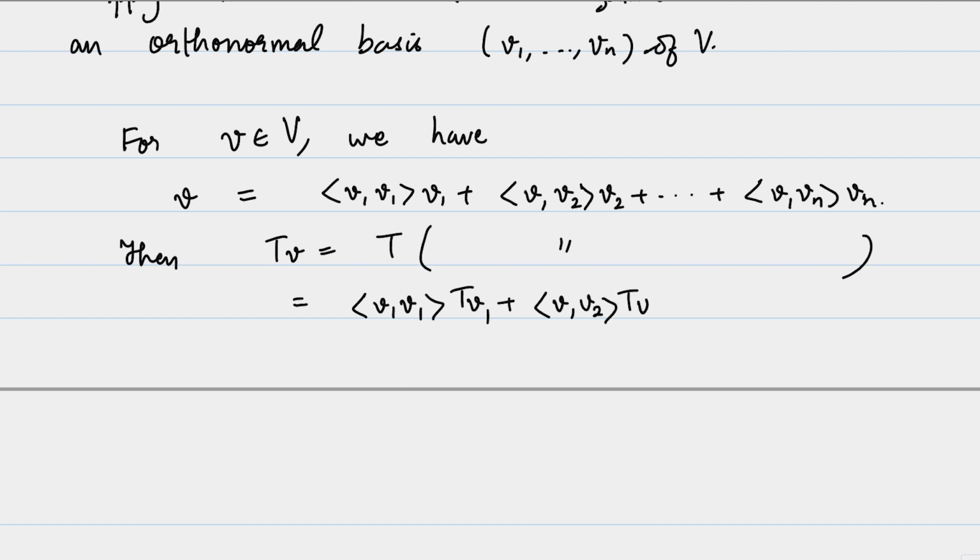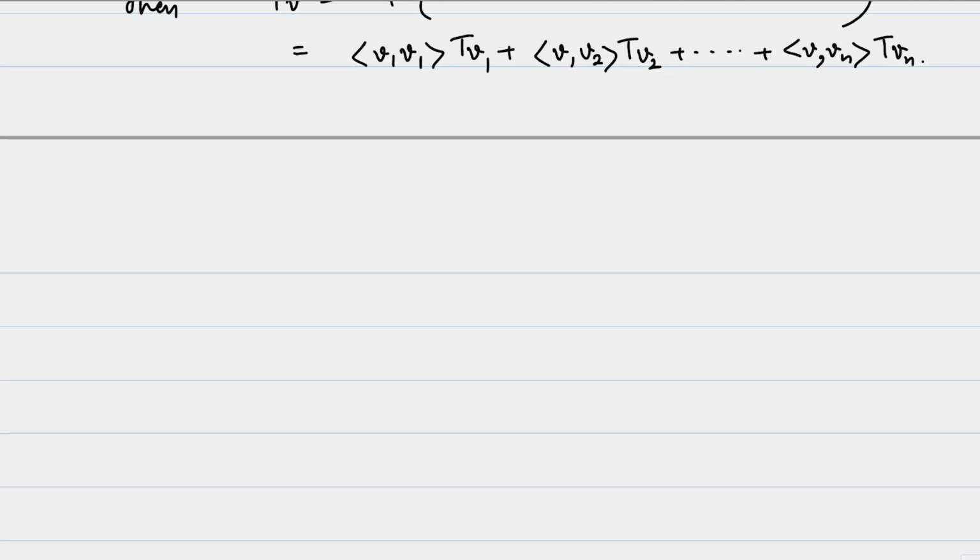The properties of a linear transformation give us this, where the last term is V comma Vn, so be a bit careful, times TVn. This is precisely what the properties of linear transformation will give us.